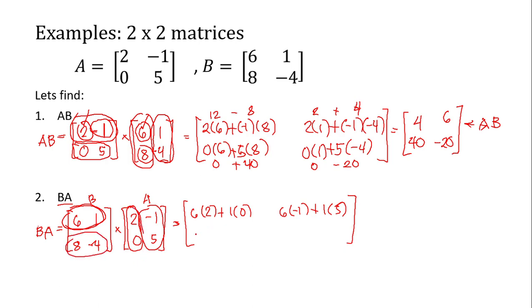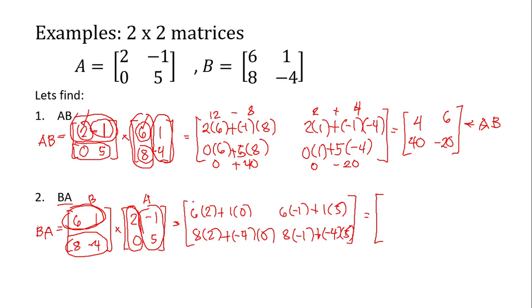So, we have 8 times 2 plus negative 4 times 0. And second row, second column. So, we have 8 times negative 1 plus negative 4 times 5. Then, simplify.